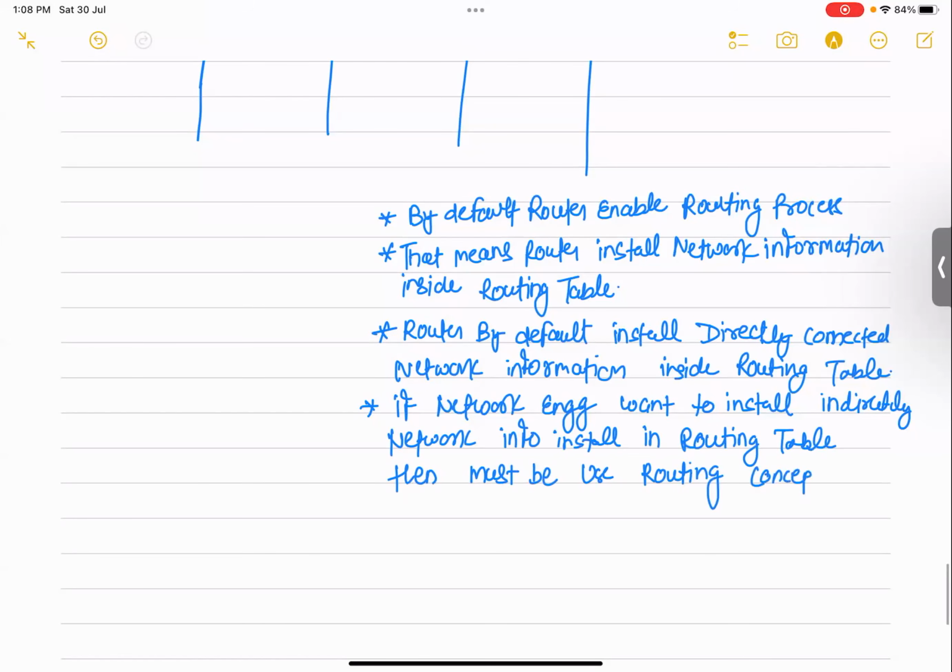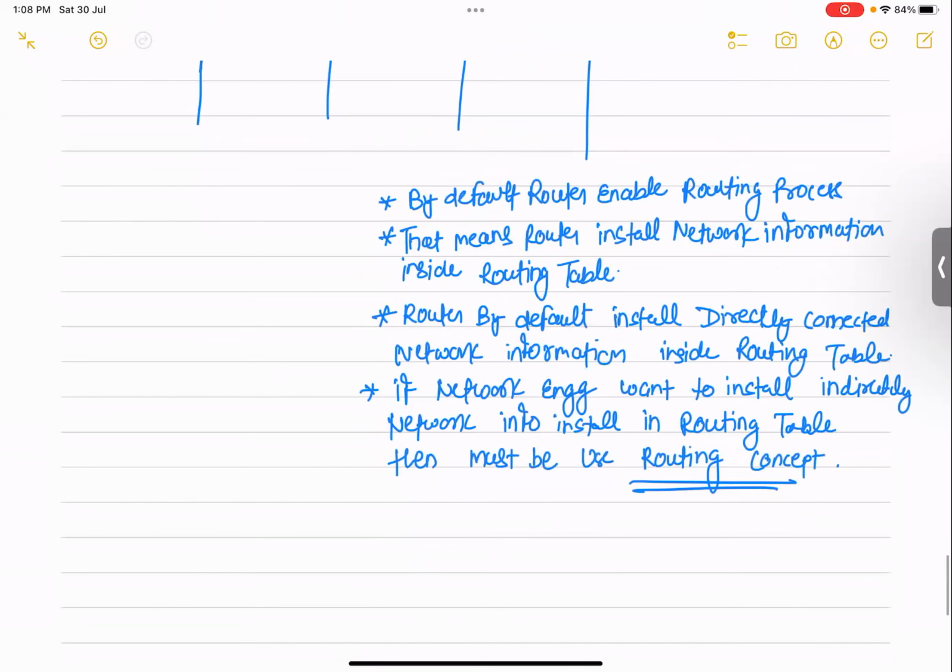Which concept is it? Routing protocol. So it is a routing concept, not a protocol. We are also using static routing. Yes, static routing, so a routing concept.